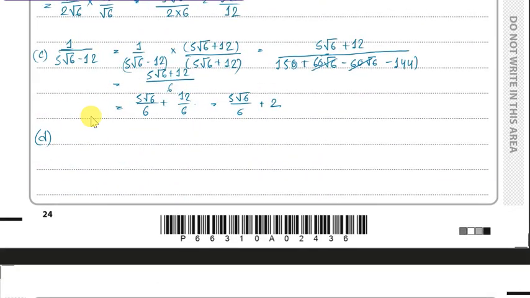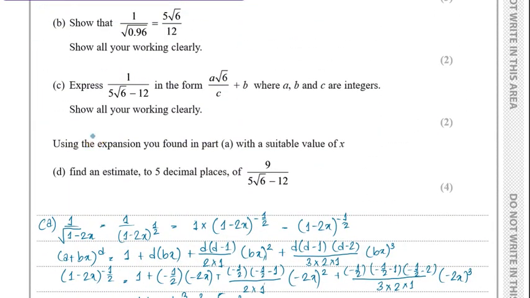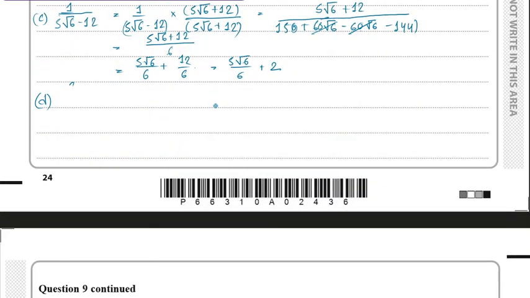So we have 5 root 6 minus 12, which was also there in part C, and we got that 5 root 6 minus 12 is equal to 5 root 6 by 6 plus 2. So at first I will write that.